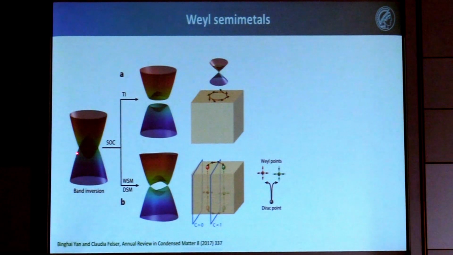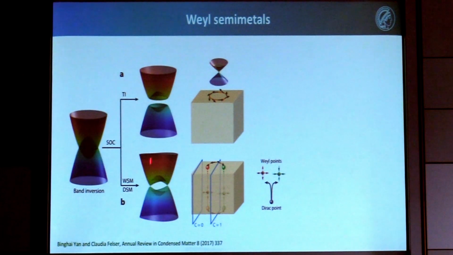So if you have this crossing area here, depending on the symmetry of your crystal, we can have a forbidden crossing, so we can open up the crossing area, and we end up with a topological insulator which has a gap between the conduction and the valence band, and there's a part of the valence band in the conduction band and vice versa, and this is very often symbolized by a Möbius strip. So then you get an insulating crystal which has a very nice surface state which looks like the Dirac cone of graphene and has also a very interesting spin structure.